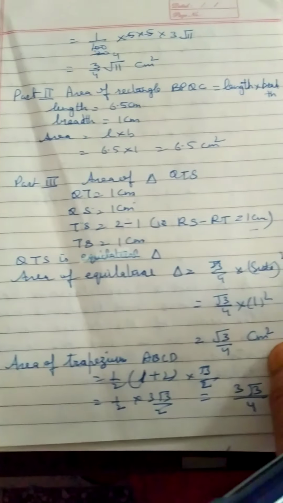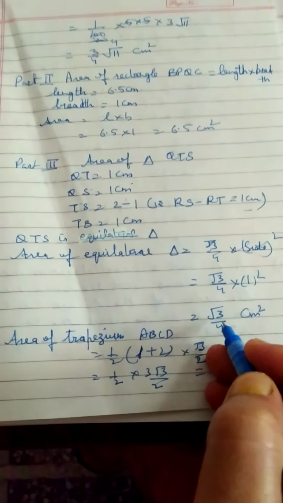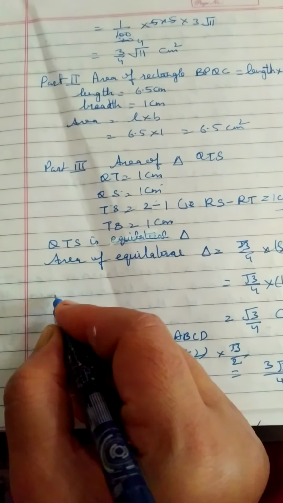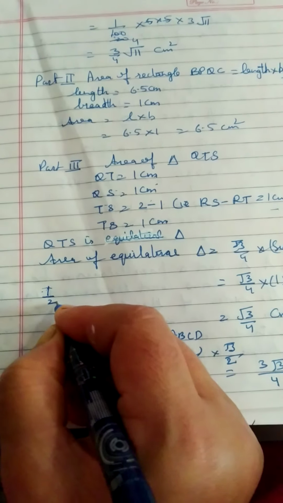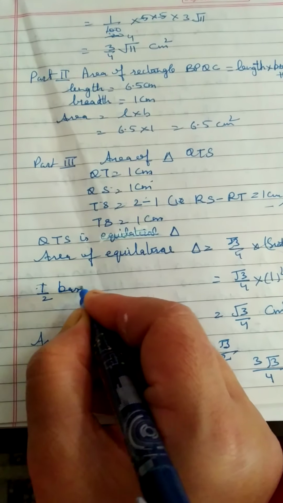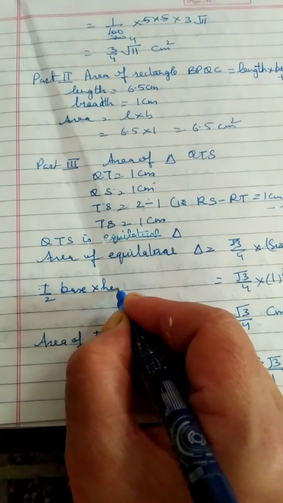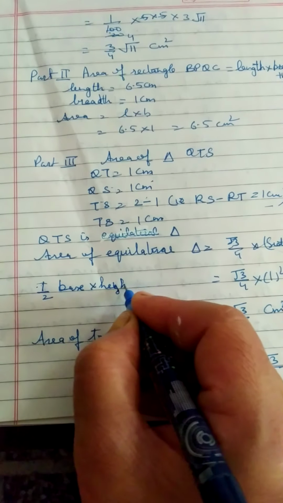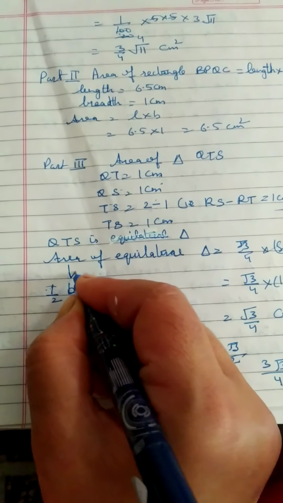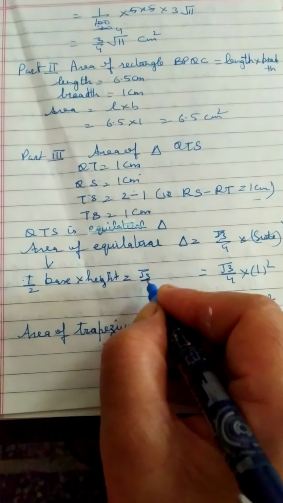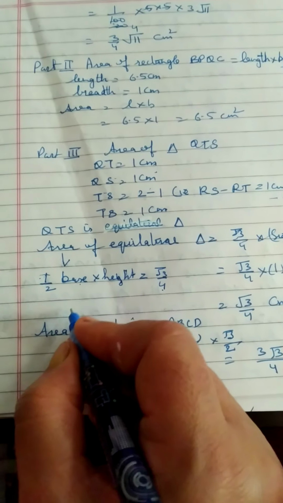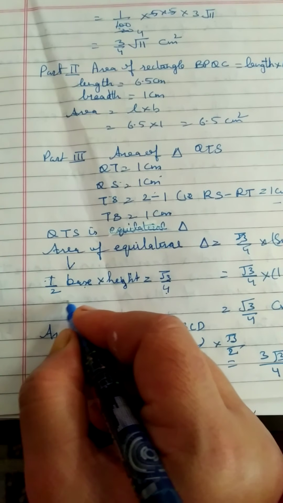See here, area of equilateral triangle that we have found is square root 3 by 4. And area of equilateral triangle can also be written as half of base into height is equal to square root 3 by 4. Now base is 1 centimeter.